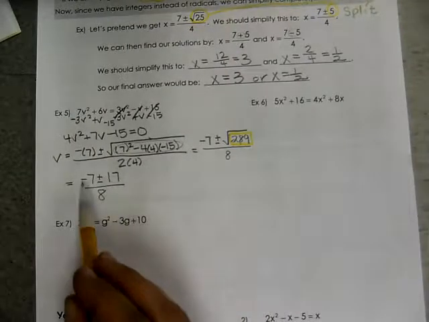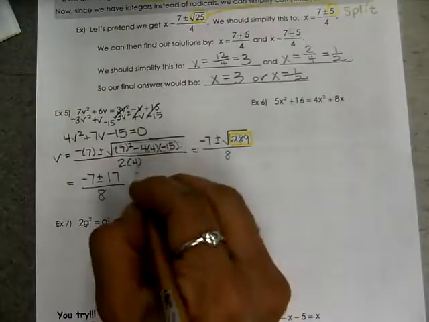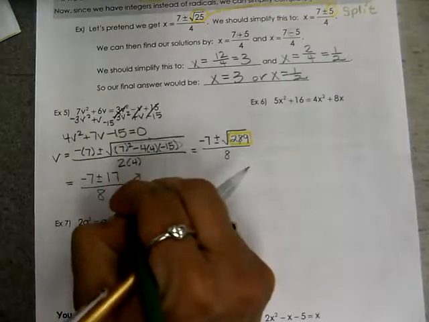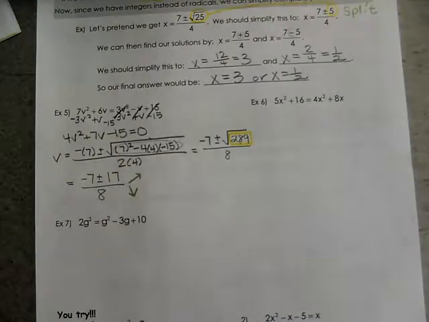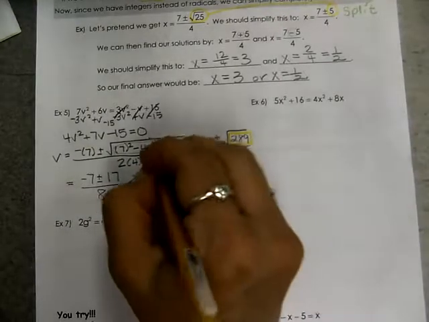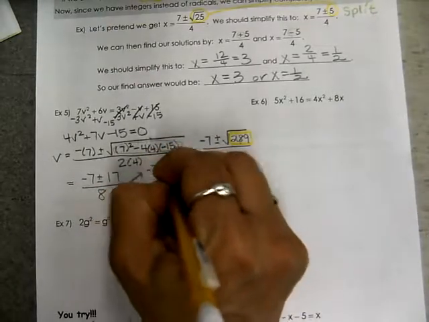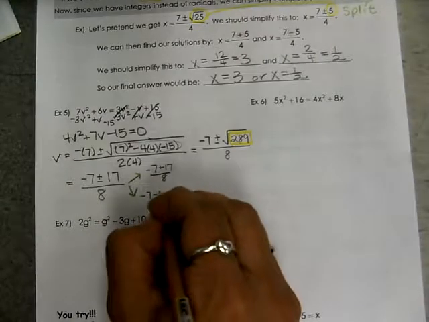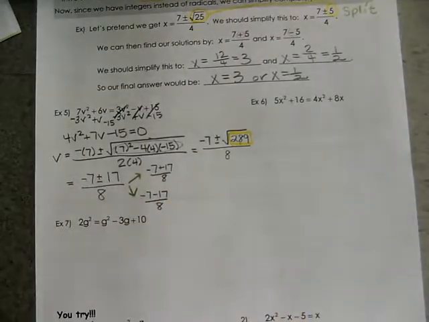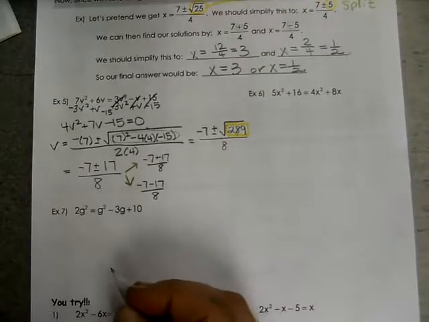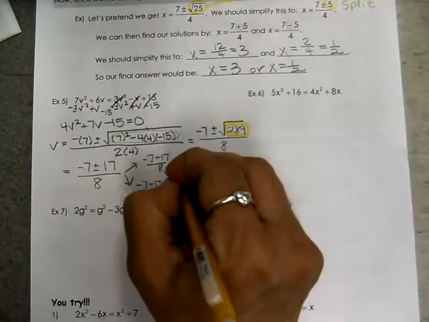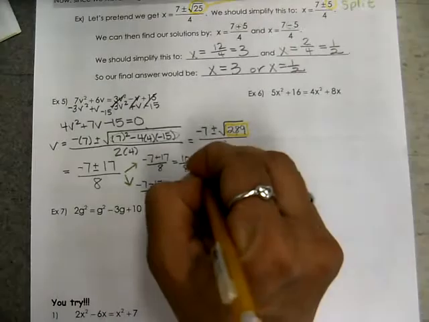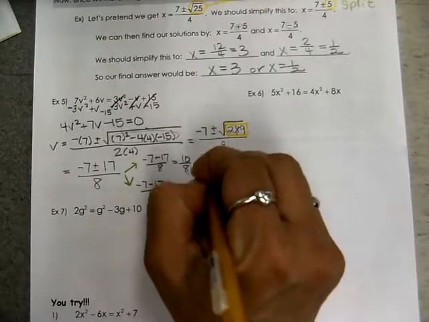Now we're able to add and subtract these values. So we're going to split. We're going to take negative 7 plus 17 over 8. And we're also going to take negative 7 minus 17 over 8. And let's simplify. Negative 7 plus 17 is 10. So 10 over 8, and I can simplify that fraction to 5 over 4.